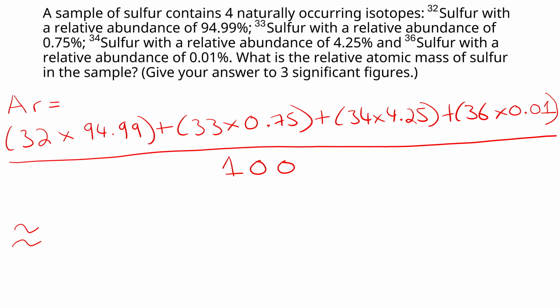Okay, just like last time, AR, relative atomic mass, is equal to the relative isotopic mass of sulfur 32 multiplied by its relative abundance of 94.99, plus the relative isotopic mass of sulfur 33 multiplied by its relative abundance 0.75, plus the relative isotopic mass of sulfur 34 multiplied by its relative abundance 4.25, plus the relative isotopic mass of sulfur 36 multiplied by its relative abundance of 0.01.